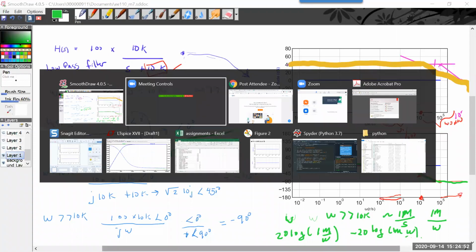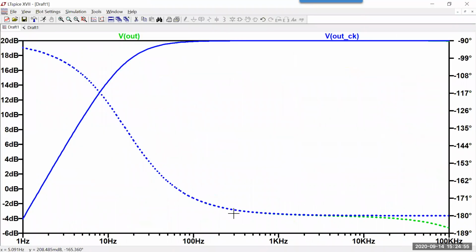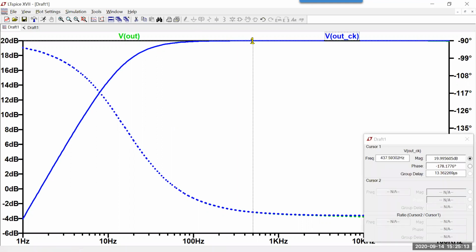It'll be easier if I flip to an example we were going to do later. Here's a high pass filter, and over here it looks like you have a straight line. Now, if I move this cursor, you can see those numbers advance very tiny until at some point it reaches 20 dB, but that's just because numerically the precision starts rounding it off.